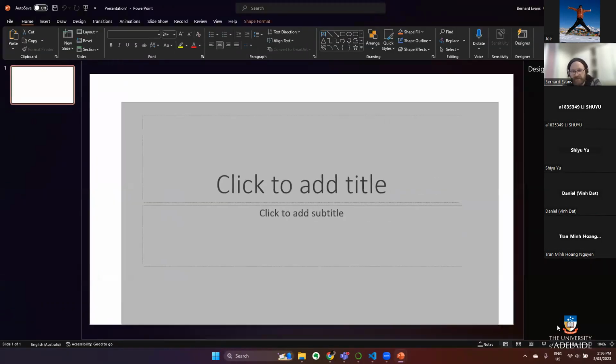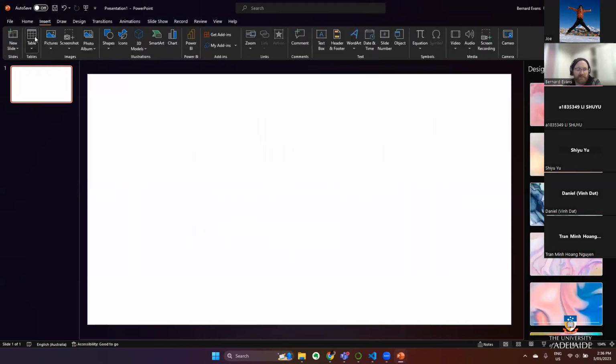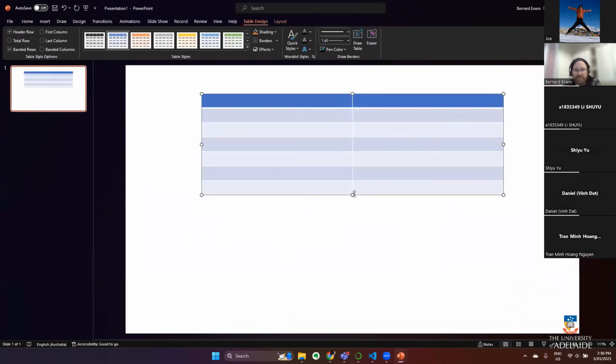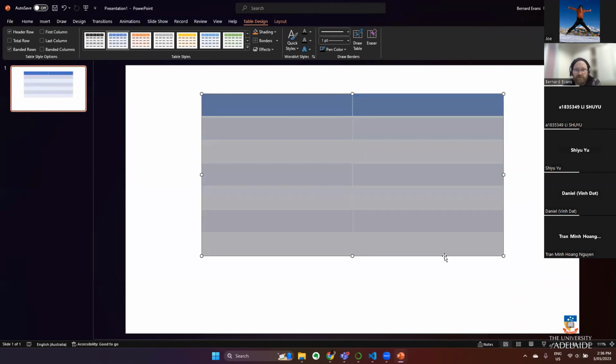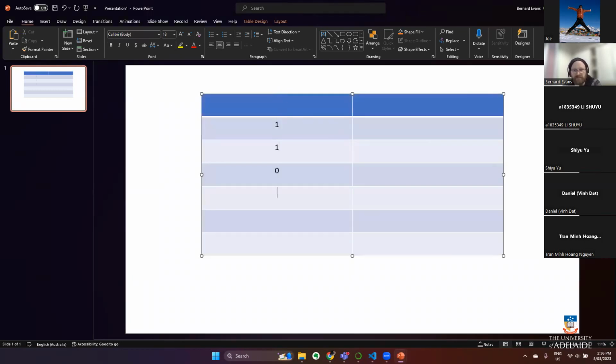So imagine I've got two sets. Insert, insert table. And I want to compare if they're the same. So I'll start here: 1, 1, 0, 0, 1, 1. And then this one will be 1, 0, 1, 0, 1, 0.